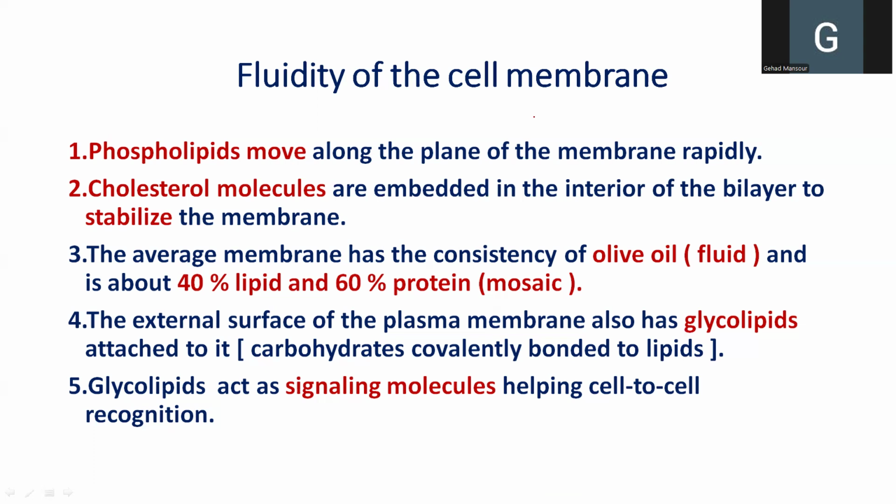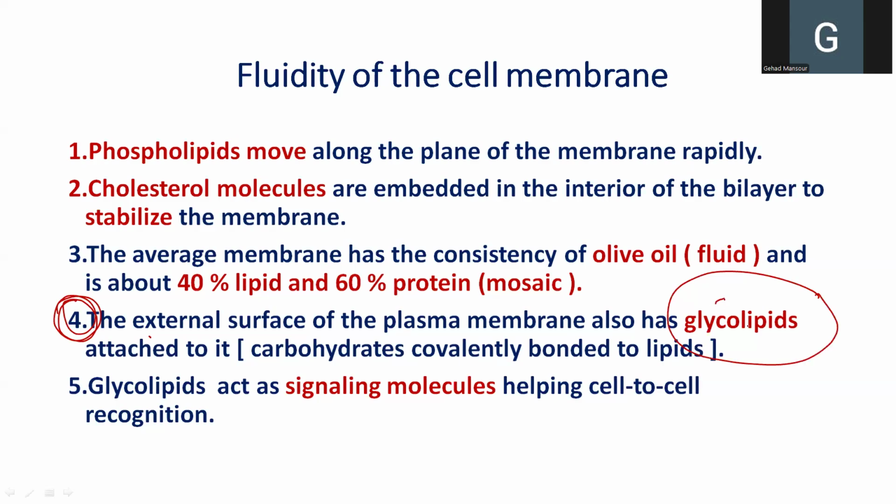As we said before, number 4, the external surface of the plasma membrane has glycolipids. We talked only about glycoproteins before, but now we are talking about something additional on the outer surface of the cell membrane, which is the glycolipid.